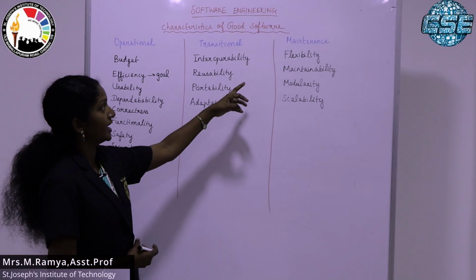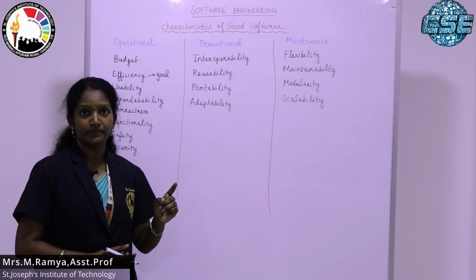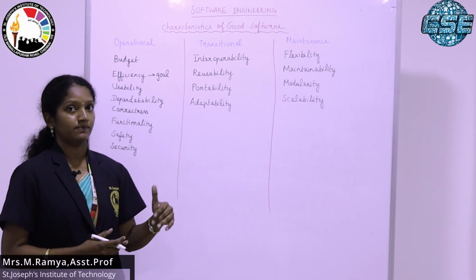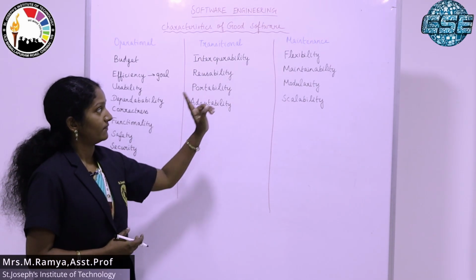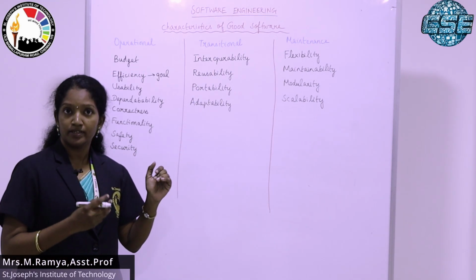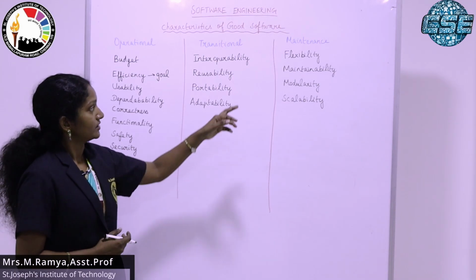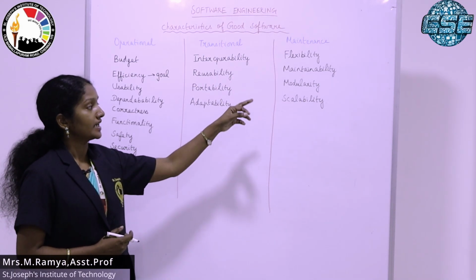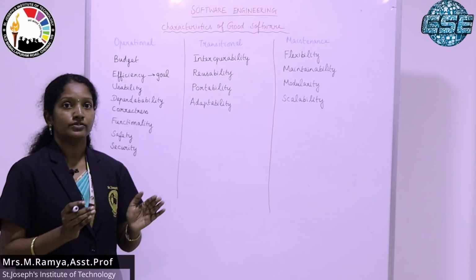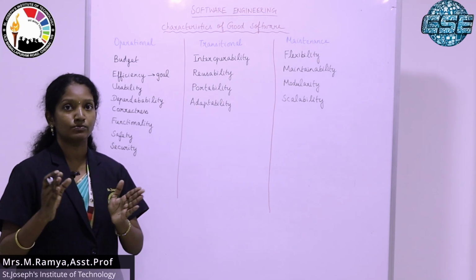And the next one is maintenance. Under maintenance, the first one is flexibility. The software which you are creating should be flexible for all the users. So that is flexibility. The next one is maintainability. The process of maintaining the software should be easy. So that is called maintainability. Next one is modularity. While creating the software, you break it down into various modules.